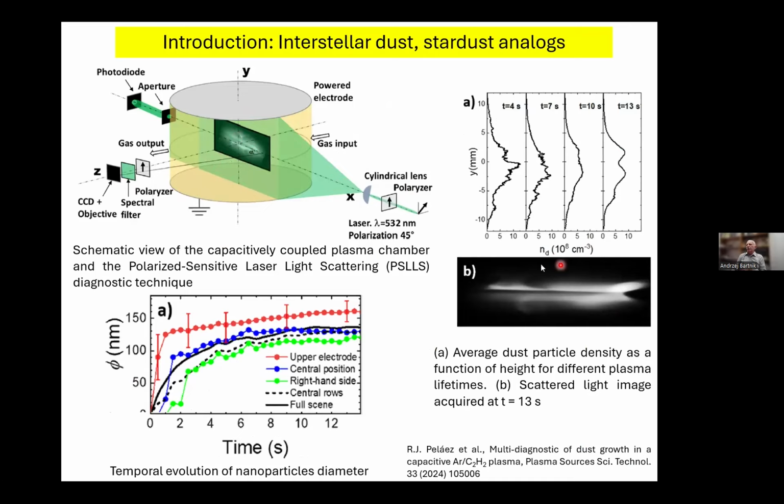You can see here an image of scattered laser light, and cross sections corresponding to average dust particle density, and with time development of their sizes.